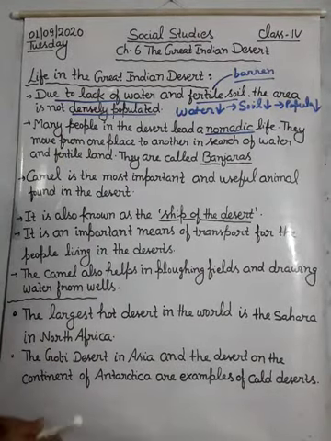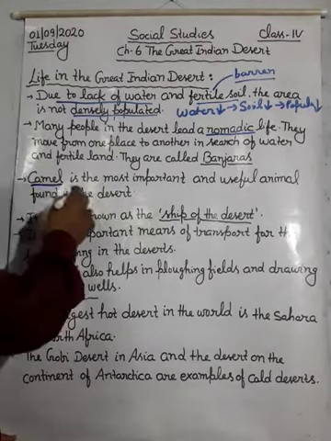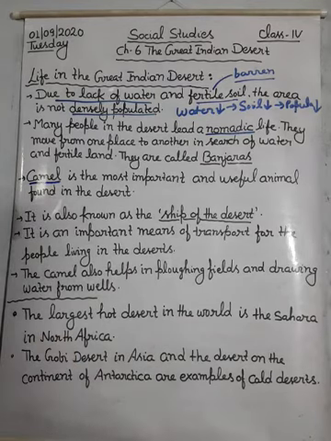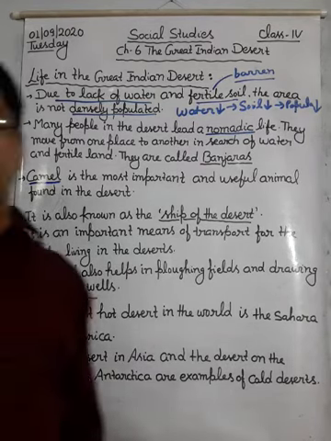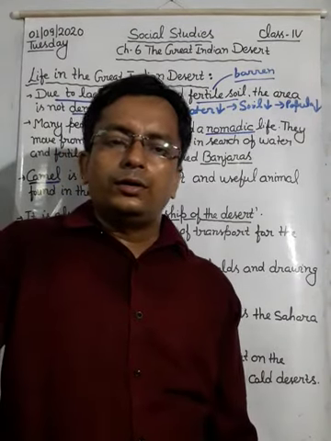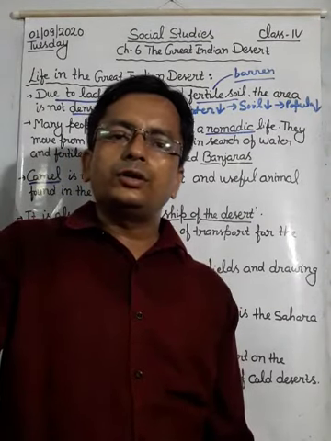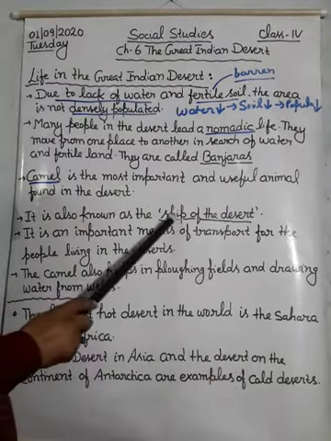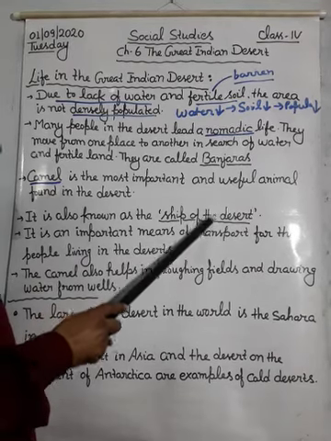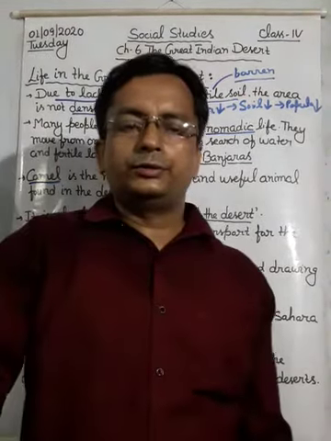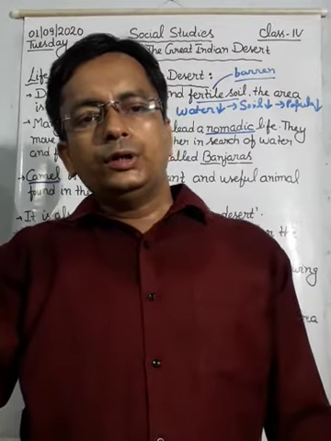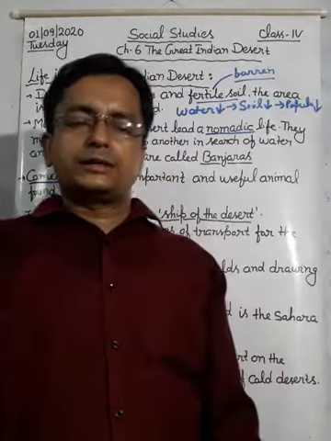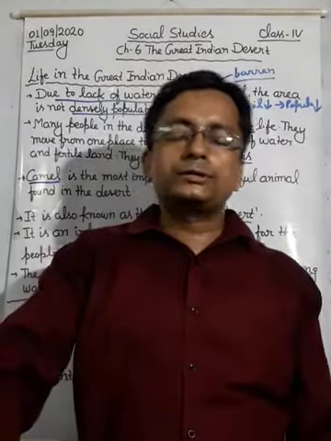Camel, what do you know about the camel? The camel is the most important and useful animal found in the desert. It is also known as the ship of the desert because the camel can move fast in the sand because of its padded feet.